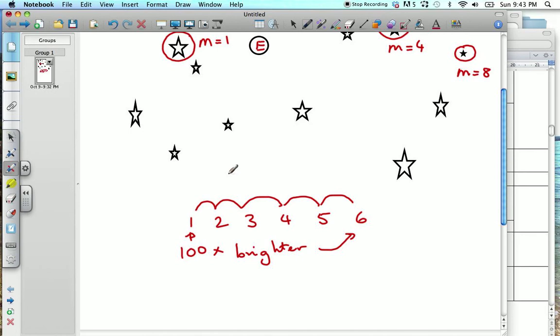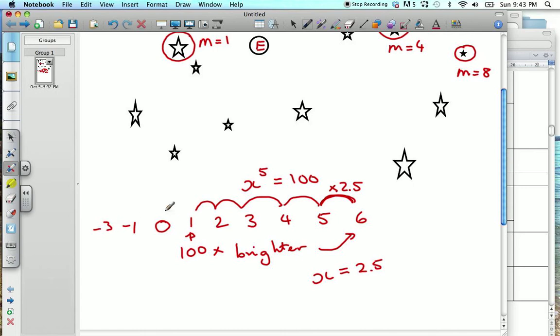So if we say x to the 5 is equal to 100, where x is the ratio that we're dividing by, or if we're going this way, multiplying by, we get a ratio of about x equals 2.5. So as you go from star 6 to star 5, it becomes 2.5 times brighter, and the same with 5 to 4, 4 to 3, 3 to 2, and you can go further because you can go into the minus scale.